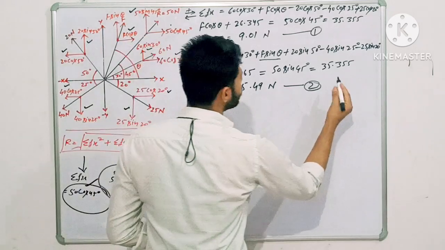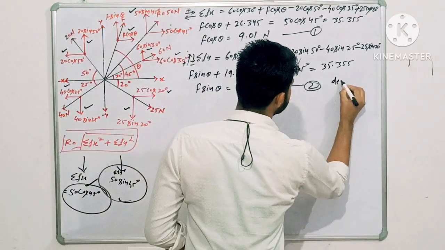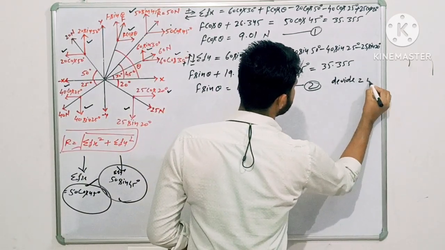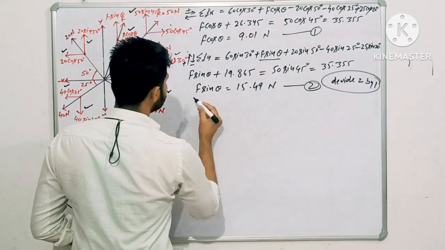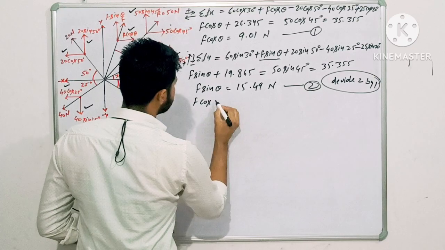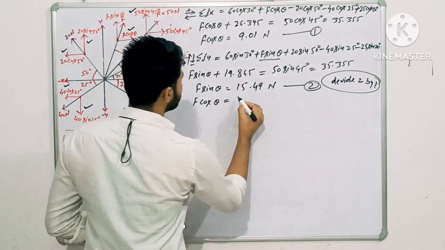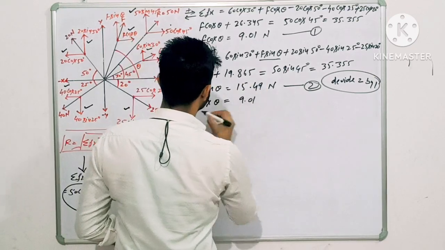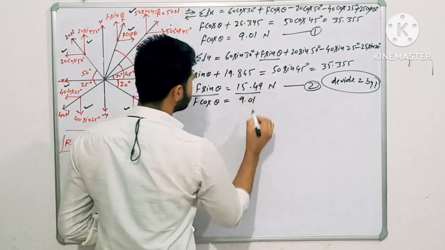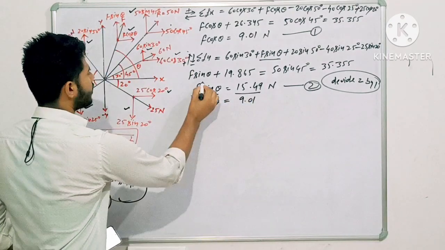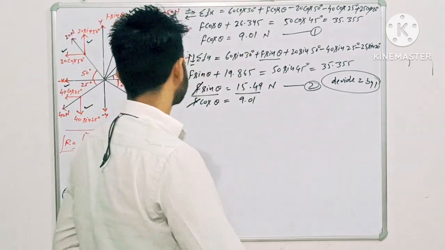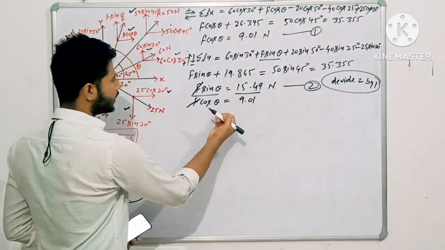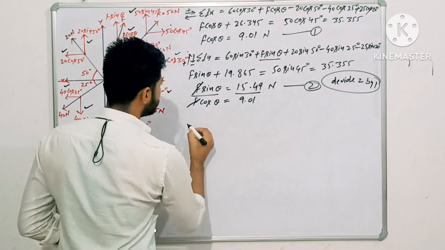So dividing 2 by 1, F sine theta over F cos theta equals 15.49 over 9.01. F will cancel out, and sine theta divided by cos theta will be equal to tangent theta.